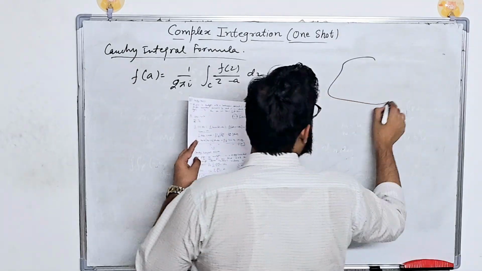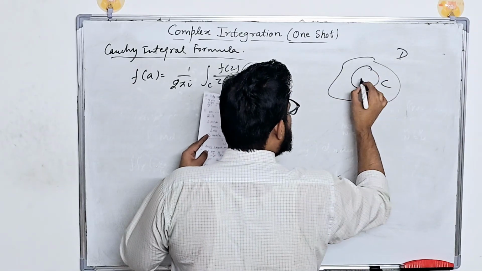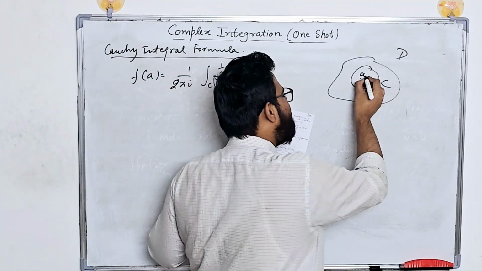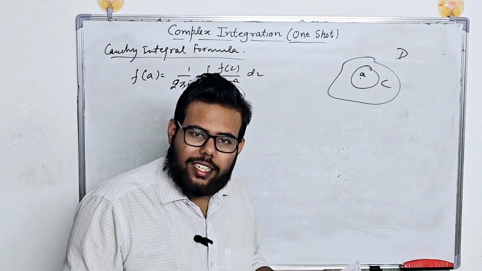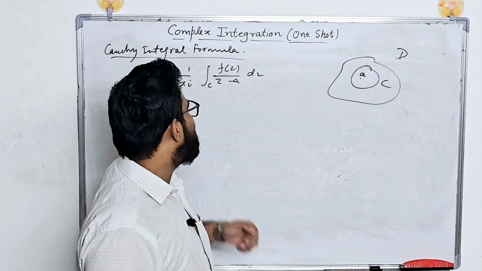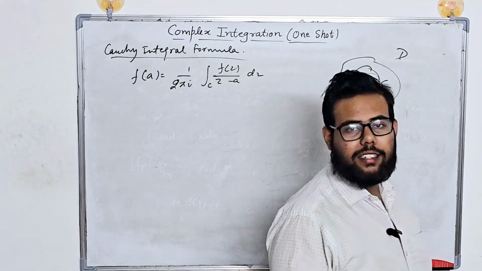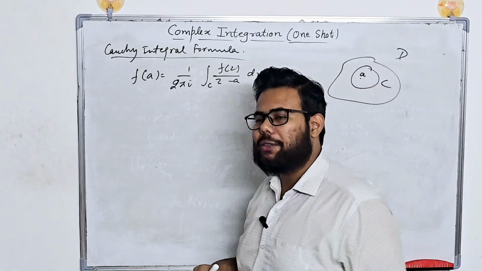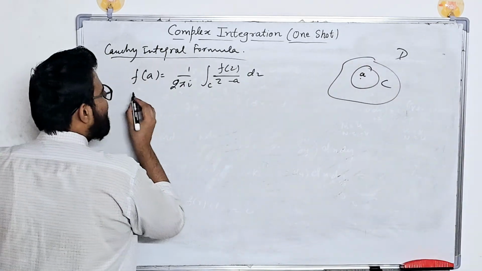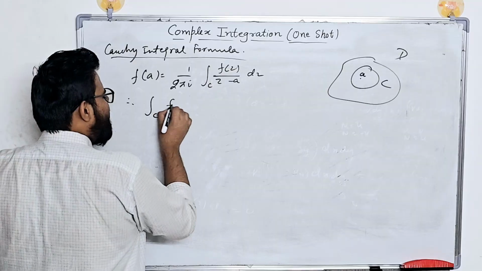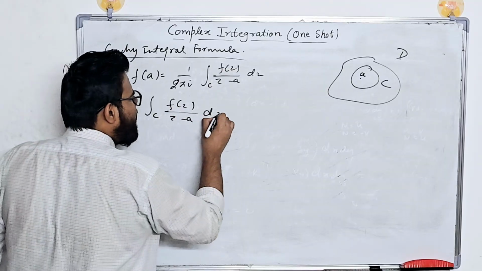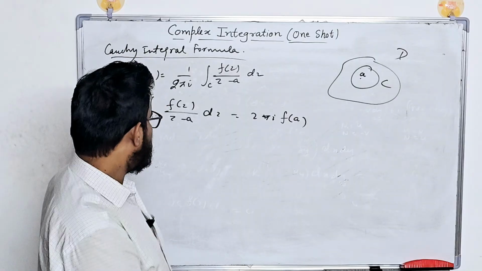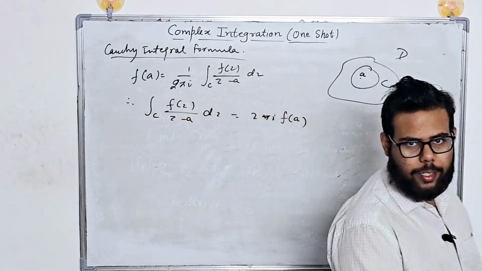So this is the contour C, and inside that C there is a point a where the function is not analytic. Then in this case we use the Cauchy integral formula. At that point the value of the integral will not be equal to 0, right? So we can say the integral of f of z divided by z minus a dz is equal to 2 pi iota f of a. This is another way to write this expression.